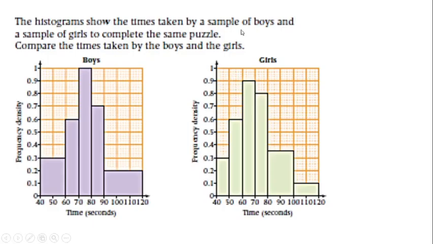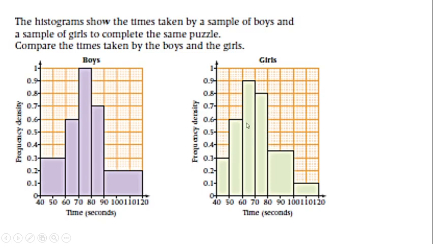If you look here, this is the example from the book. The mode for the girls is between 60 and 70. Comparing, the mode for the boys is between 70 and 80. So that implies that on average the girls' time was less for the puzzle than the boys', for the mode.